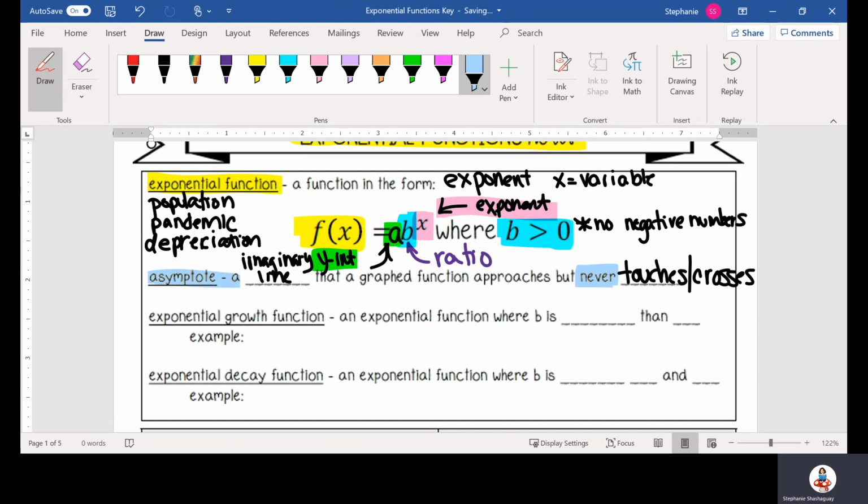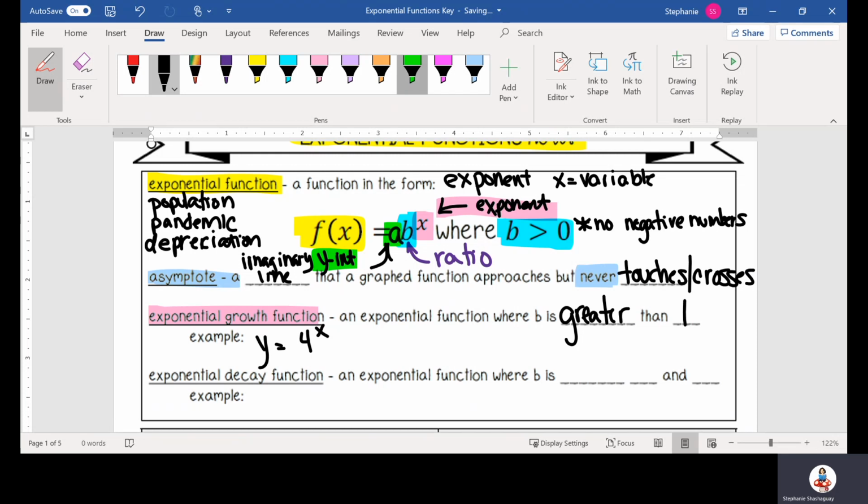Then we're looking at what an exponential growth function is. Okay? Growth is an exponential function where b is greater than 1. An example of this would be y is equal to 4 to the x power.